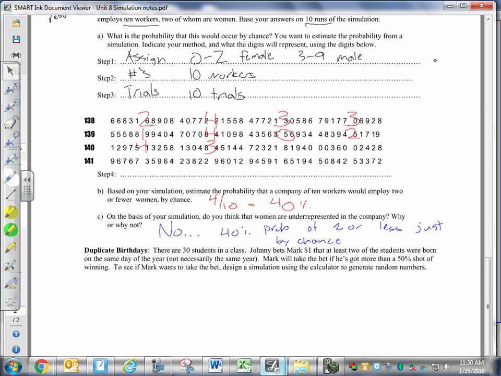If there are 30 students in a class, don't worry about the betting. The question is, what is the probability that 2 of the students were born on the same day of the year? Okay? So 30 students, probability that 2 students were born on the same day.